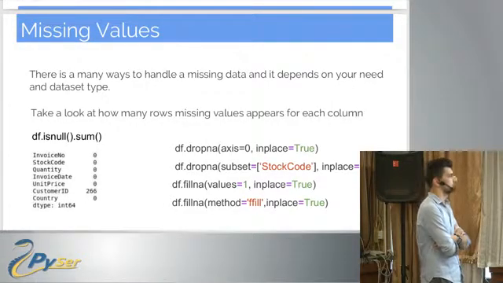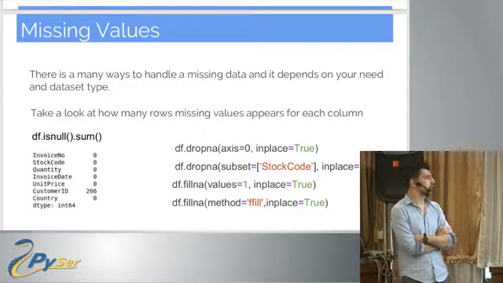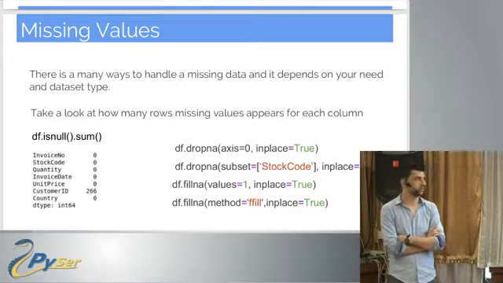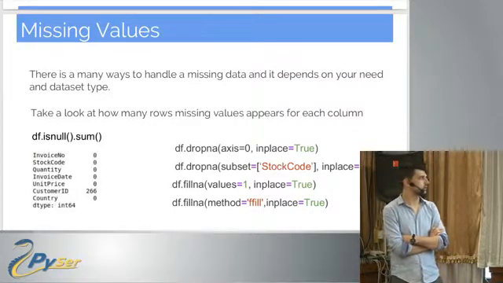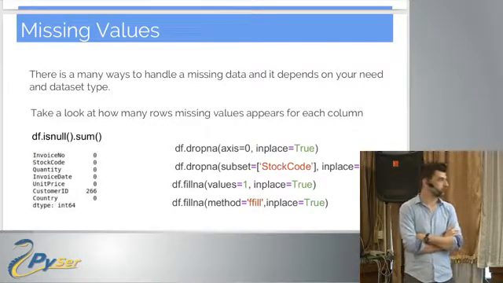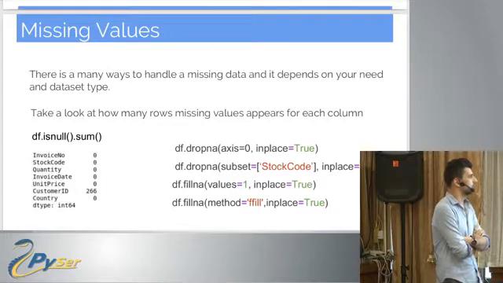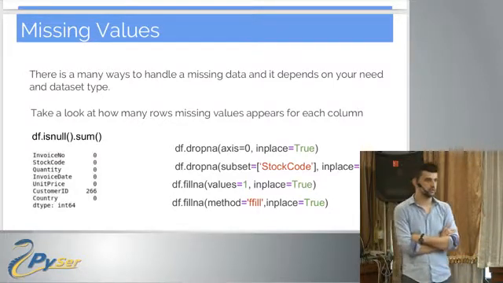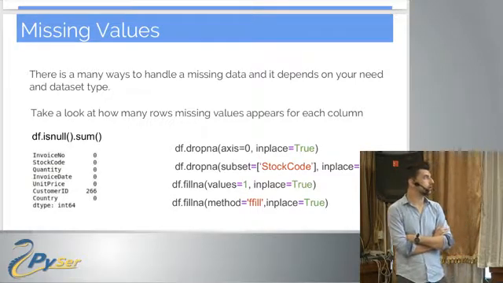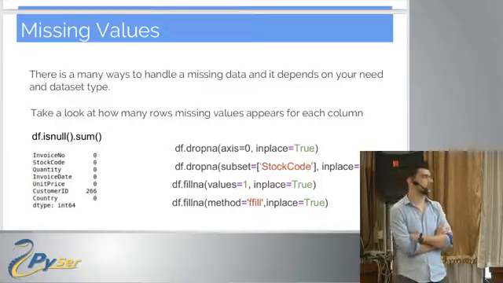Parameters in those functions are, for example, axis, which can represent columns and rows. 0 is for rows, 1 is for columns. If you write dropna axis equal 0, it will drop all rows where it finds null values, entire rows.